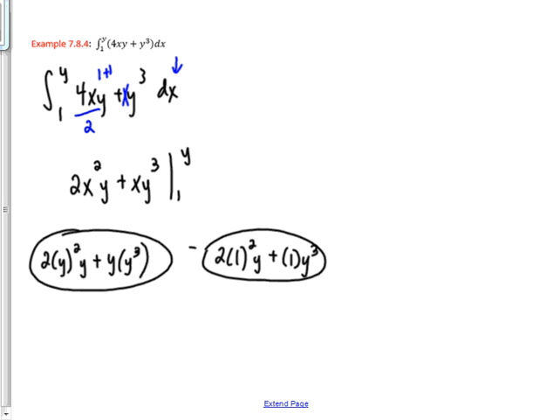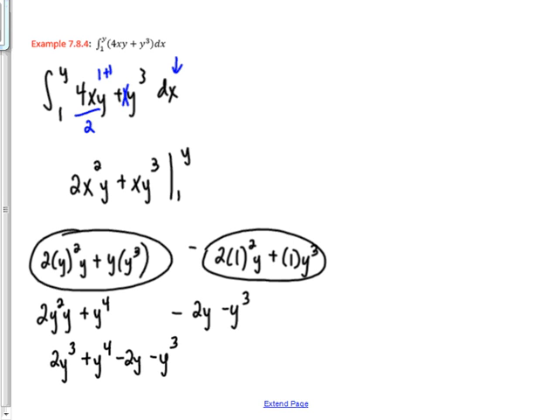Alright, so if I do the math out, that's 2 times y squared times y, which I'll combine, and that's y to the 4th. This is a negative 2y, and if I distribute the negative, a negative y cubed. So I get 2y cubed plus y to the 4th minus 2y minus y cubed.